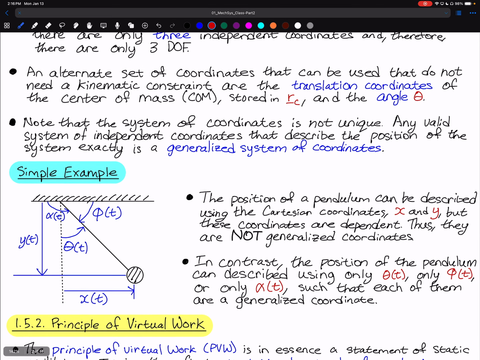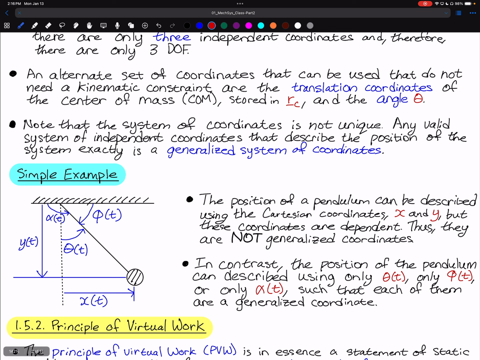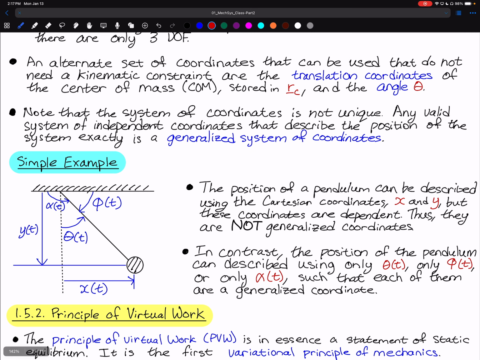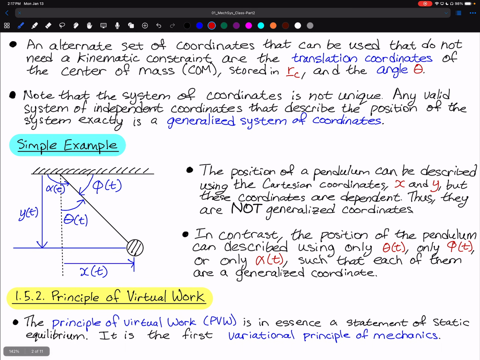So generally, when we're thinking about what generalized coordinates to use, if we're looking at rigid bodies, we generally want to look for motion of the center of mass. For systems of particles, you can really just look for the motion of each individual particle, or perhaps apply Euler's law and look at the motion of the cluster as well. Really this shows up in rigid bodies where you can use a lot of different coordinates to describe that motion.